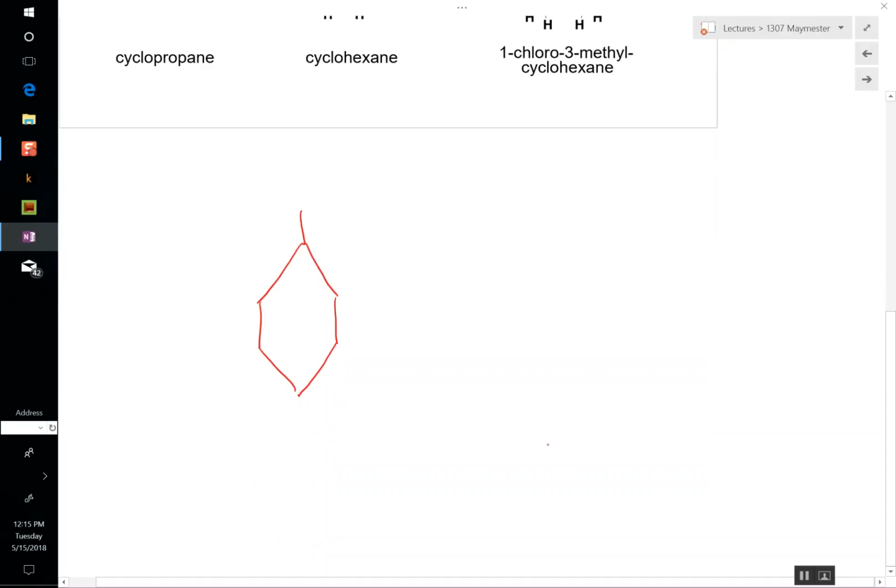Here's cyclohexane, and let's say we have a methyl group right there. This is a little bit of a thing that confuses students. There's methyl cyclohexane, and in this particular case, I don't need a number.